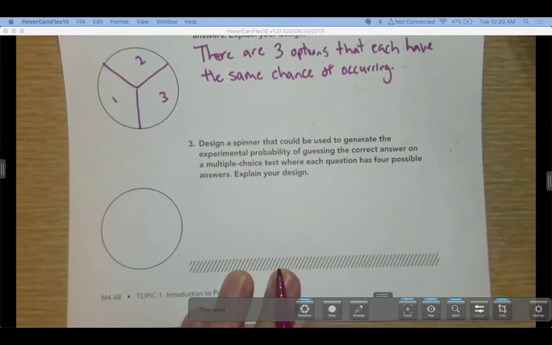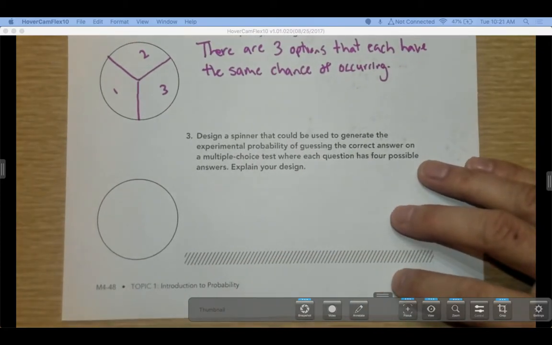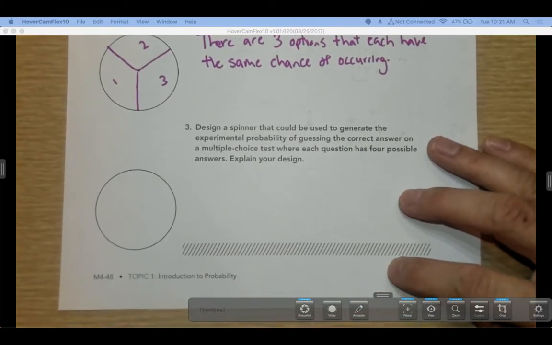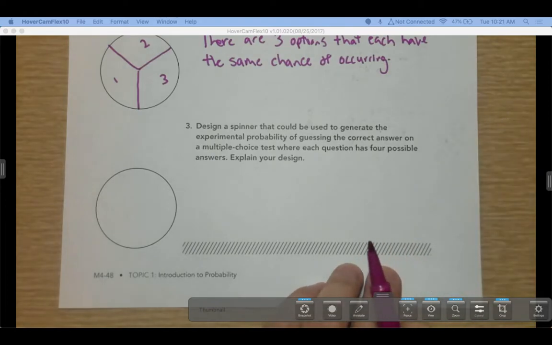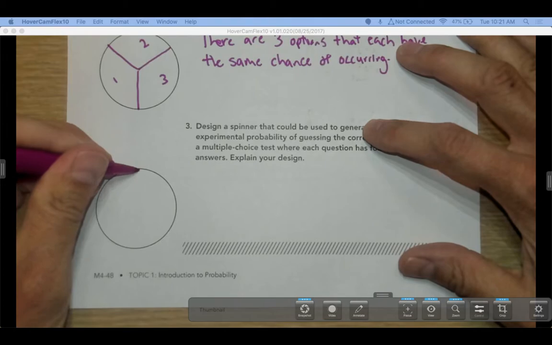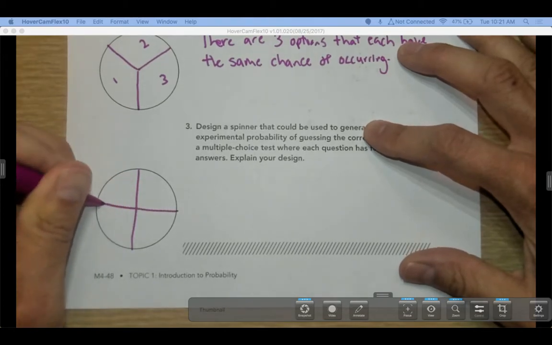Okay. And then we have design a spinner that could be used to generate the experimental probability of guessing the correct answer on a multiple choice test, where each question has 4 answers. Explain your design. All right. Well, it'd be kind of the same thing.